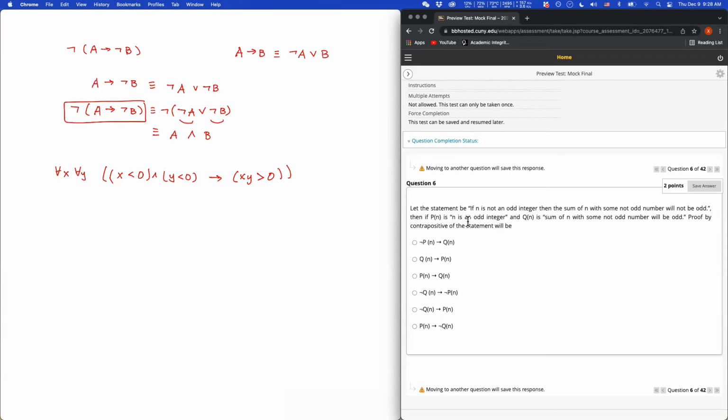Now here, you have if n is an odd integer, and Q(n) is the sum of n with some not odd number, it will be odd.